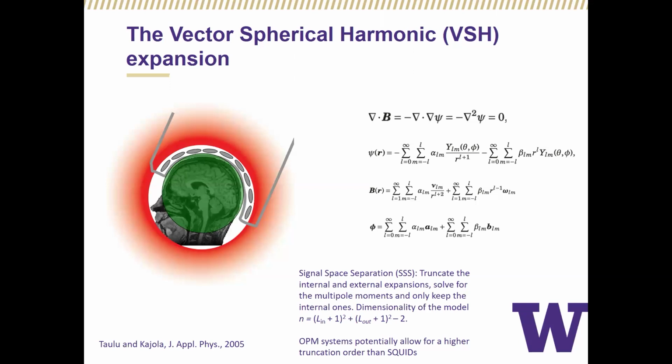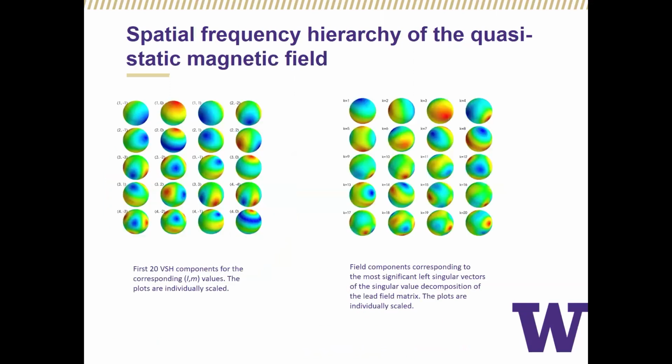But for the OPMs, now that the sensors can be placed closer to the head, we can think about increasing the expansion order because we can hopefully measure higher spatial frequencies. So I'll talk about that now. Sometimes people are worried about the rank reduction based on this, but the rank that we reduce is just truncating the highest spatial frequencies that are below the sensor noise levels.